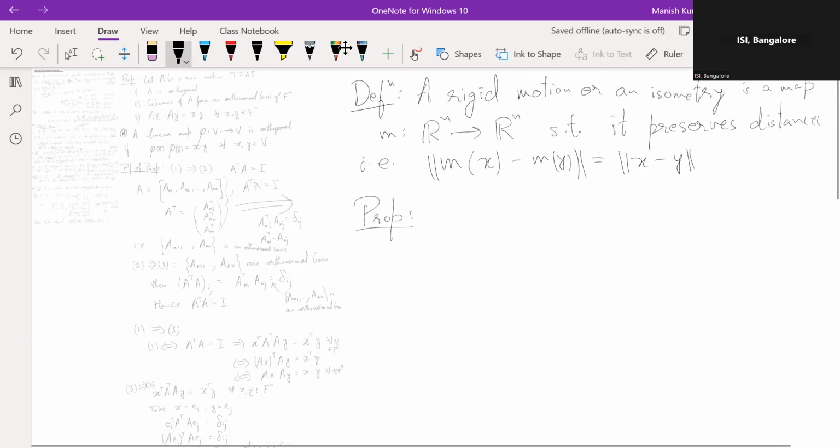This is similar to the matrix one which I wrote. So let M from Rn to Rn be a function. Of course translation is also a rigid motion, so you have to fix 0.